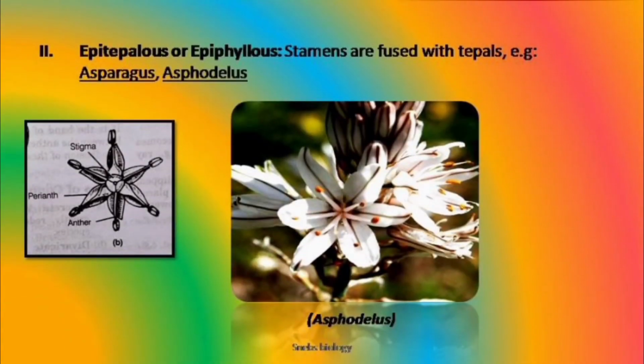Next, if instead of sepals and petals that flower has tepals and the stamens are fused with tepals, then the condition would be known as epiphyllous or epitepalous. And again it would be the base of the filament which is attached to the base of the tepals. And this epiphyllous or epitepalous condition is found in the members of Liliaceae family.